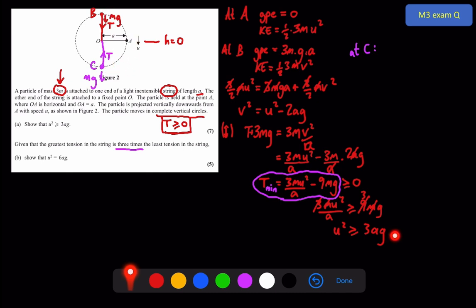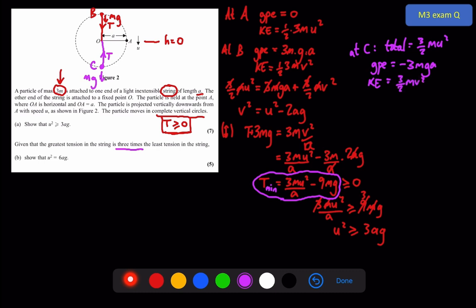You would still have got this result, and this might be a slightly easier part to do if you had done that. But I still like getting a 0 in there. So my total energy is still 3 over 2 mu squared, and the gravitational potential energy is now negative 3mga. Kinetic energy is still 3 over 2 mv squared.